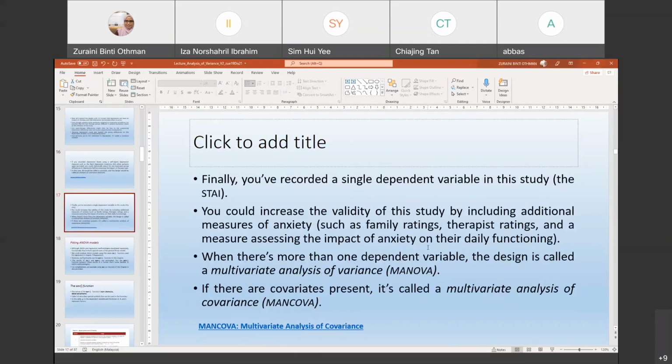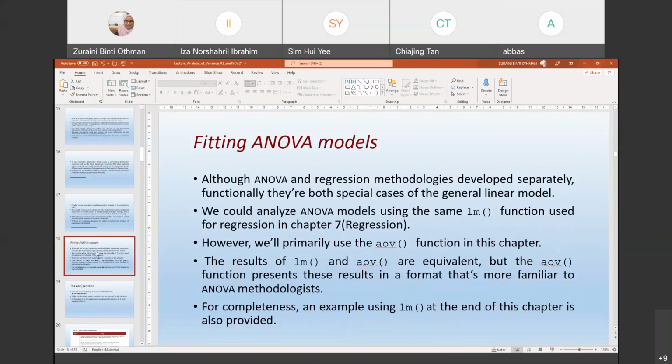Just now, one way within group, one way between group. We want to use R to measure the impact of the particular factor. So this is how we fit the Anova model. Before we continue, is there any question?